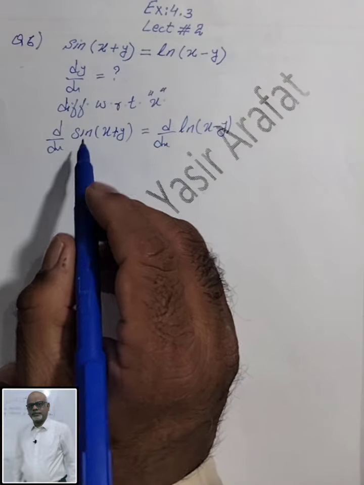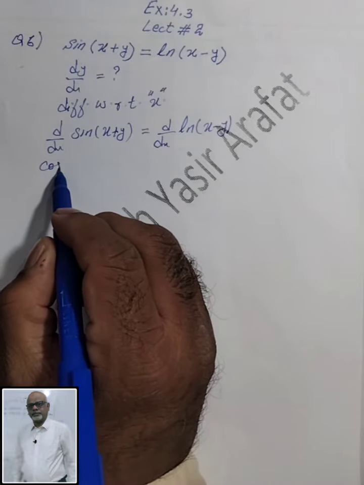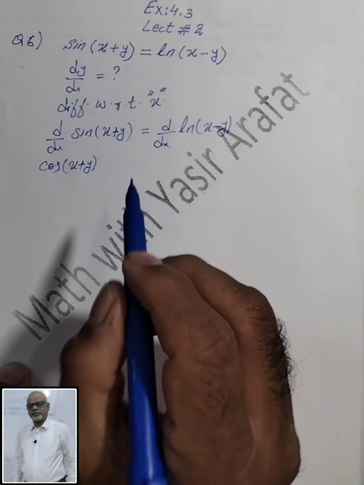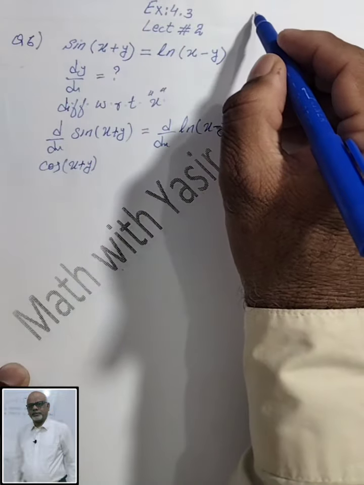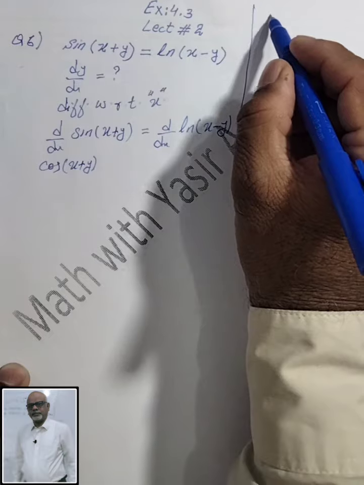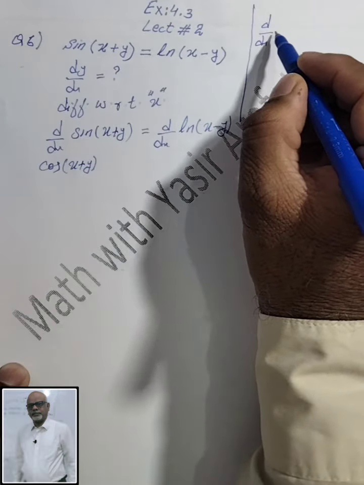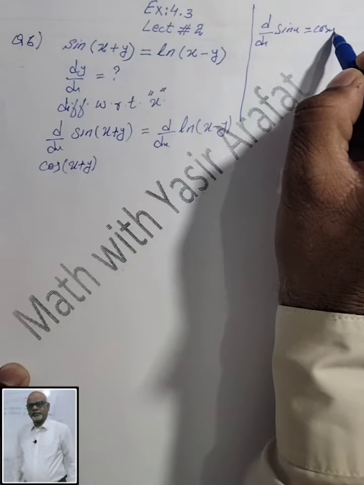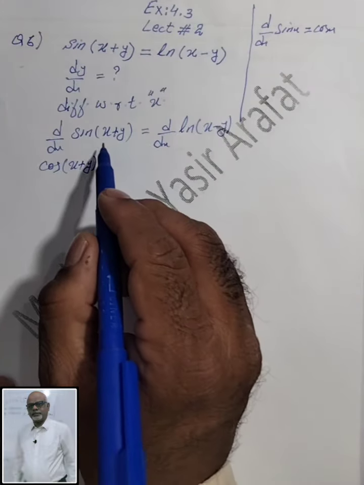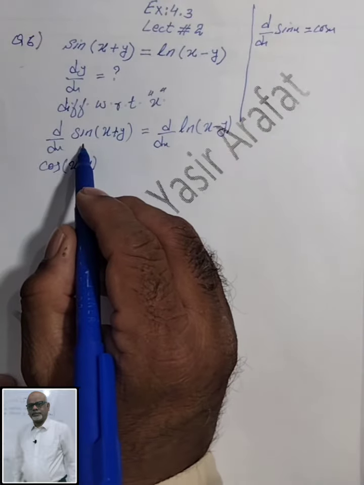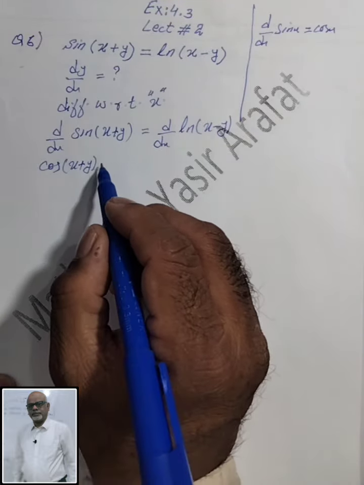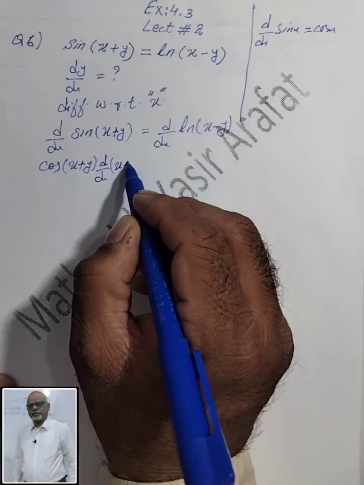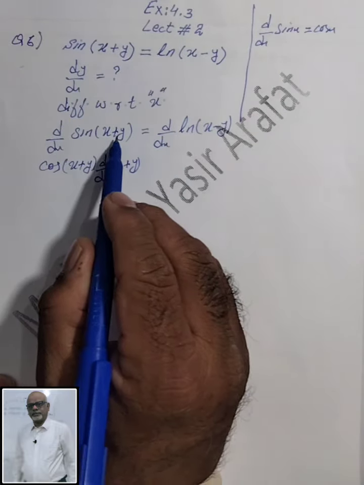Now the derivative of sine, it is cos with the same angle, that is x plus y. We have the formula for this, as for sine x the derivative is cos x. So first we have to find out the derivative of the function, and then we have to find out the derivative of its angle, that is x plus y.